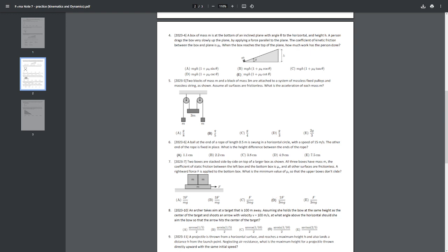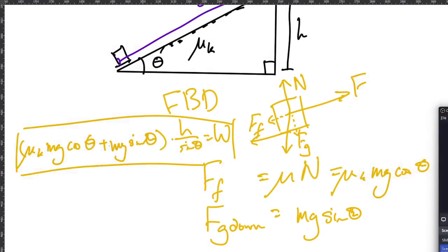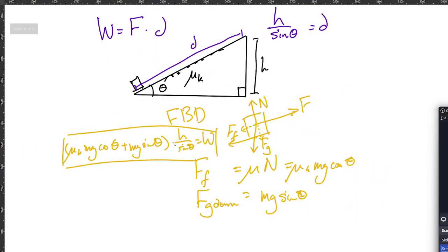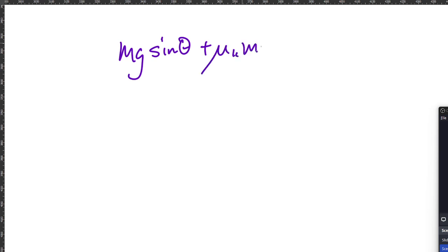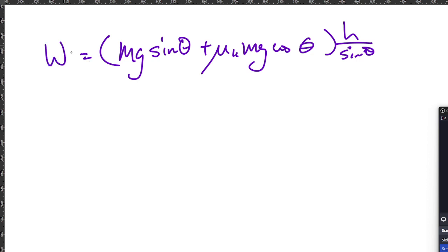We now have mg sine theta plus mu k mg cosine theta, and all this is multiplied by h over sine theta, which is equal to the work.